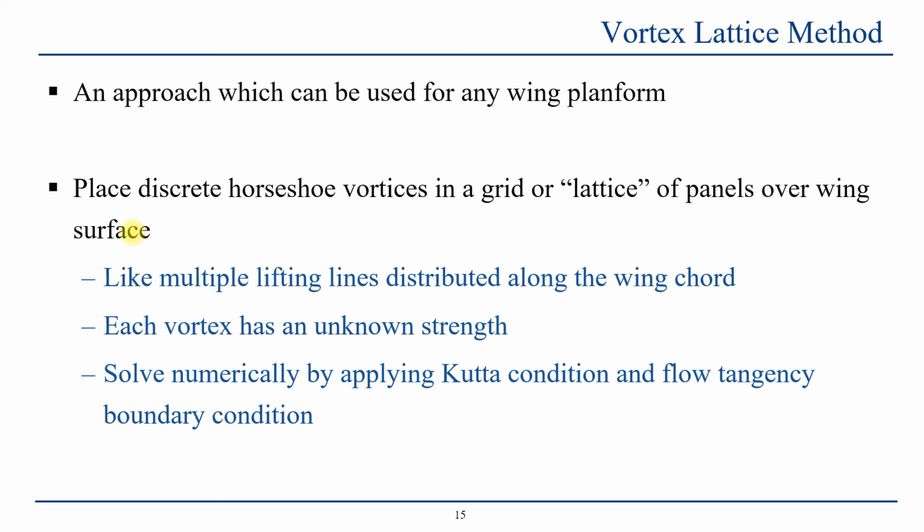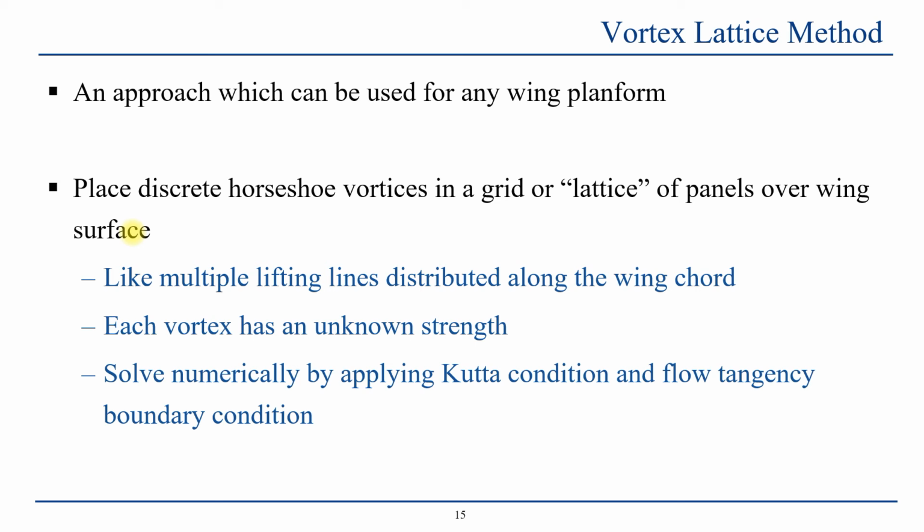And how are we going to find the values of these? We need to solve a system of equations numerically by applying the boundary conditions, which include the Kutta condition and the flow tangency condition.